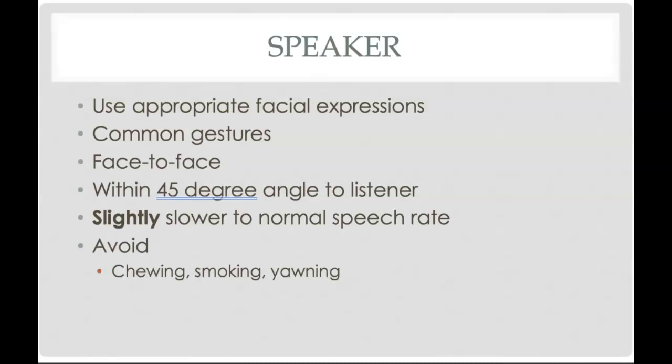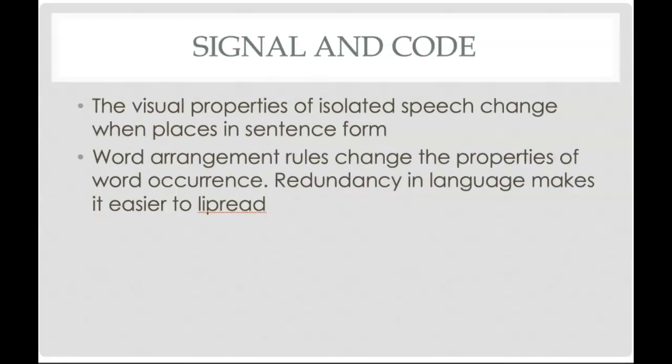You want to be within about 45 degrees. You want to use a slightly slower than normal rate, not like I'm talking. There's something called clear speech, and we know that clear speech is about 10% slower and about 10% louder, and it's much more understandable for individuals with hearing loss. You want to avoid chewing, yawning, big mustaches where they can't see your face. You don't want to put your hands in front of your face.